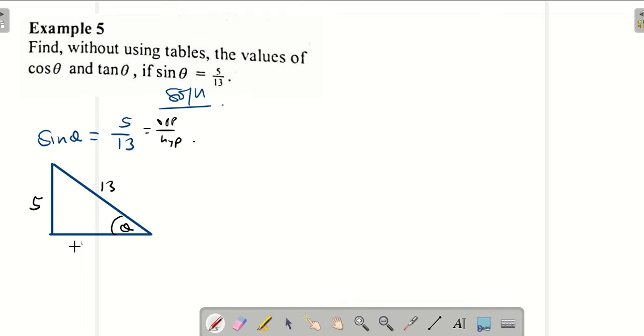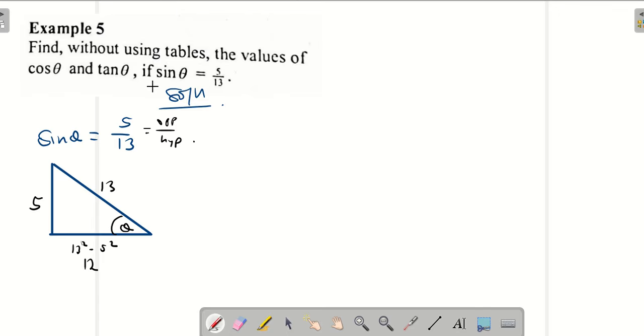It's just going to be the square root of 13 squared minus 5 squared, and that is root of 144, so we get 12 as the adjacent.